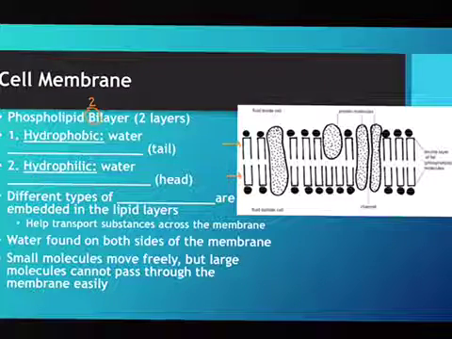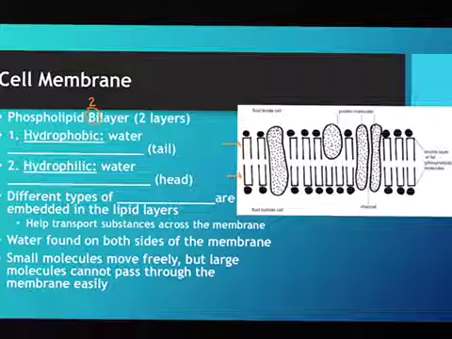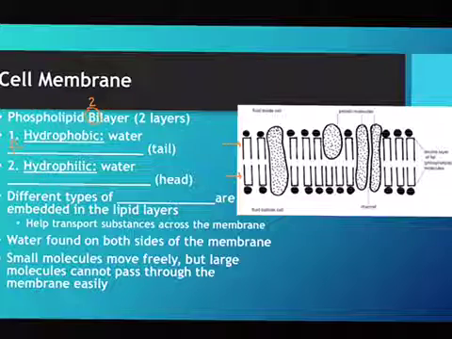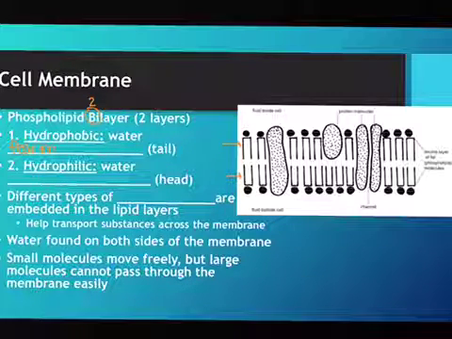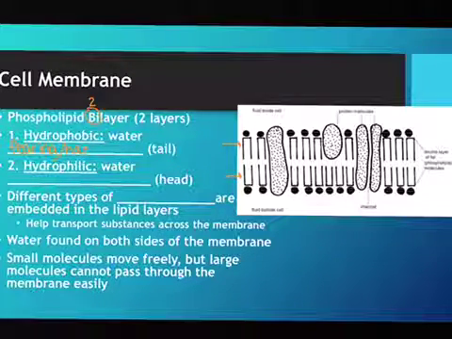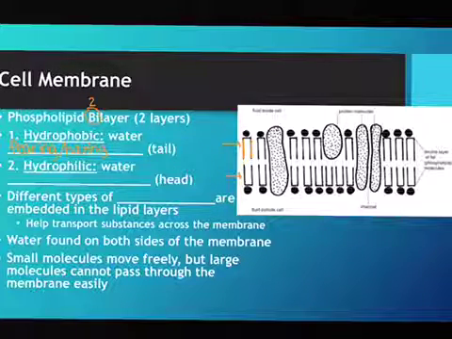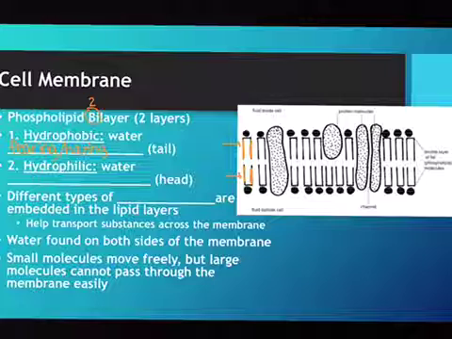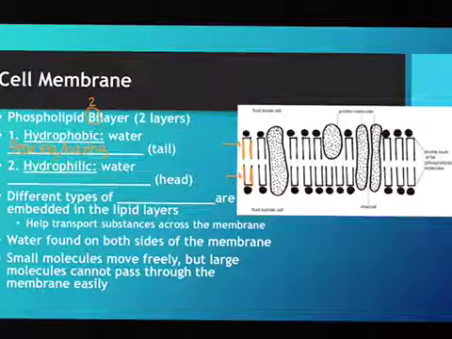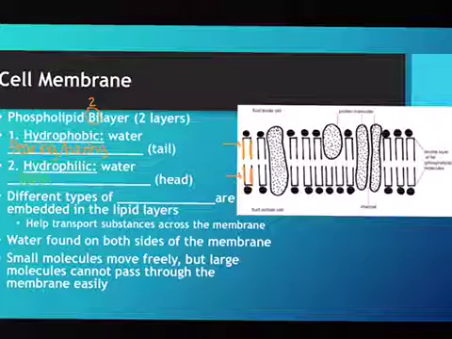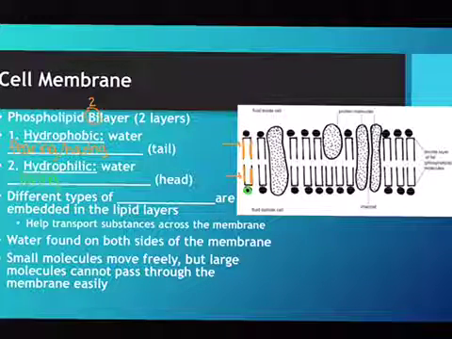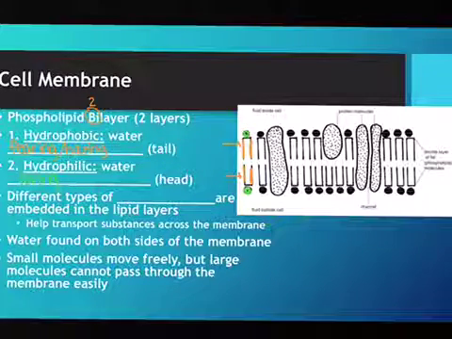And it is made up of hydrophobic, or water-fearing, tails. That would be the two sticks pointing down or up. And then also the water-loving heads. There's only one of those heads per phospholipid molecule.